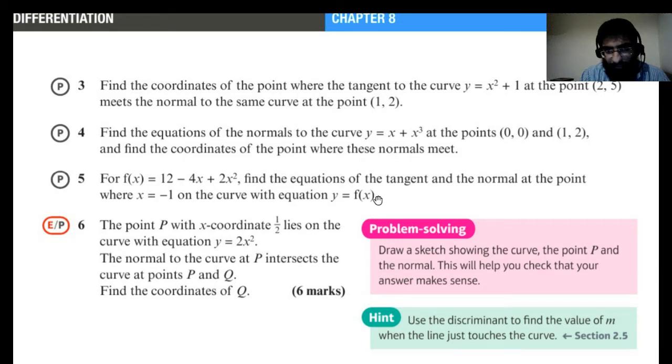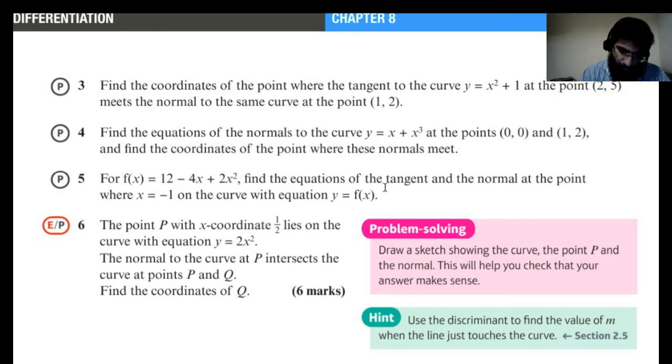Then you use this first point to find the straight line equation. So y minus 2 is equal to... no, the gradient, instead of 2x, write 4. The gradient is 4, and then x minus 2.